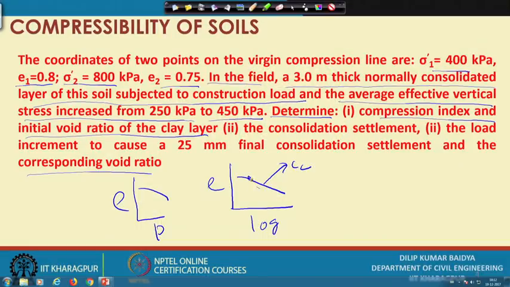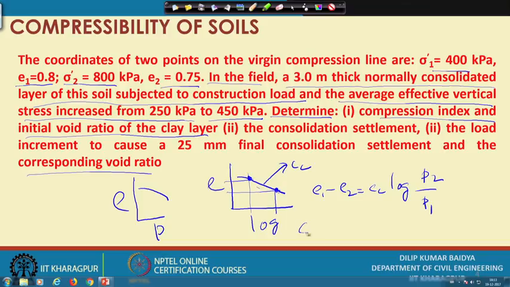So, this is a virgin compression curve, and 2 points are given. Suppose one point is here, with sigma 1' and e 1, and this is sigma 2' and e 2. These are given. Then e 1 minus e 2 will be equal to Cc into log p 2 by p 1, that is the formula for a straight line.